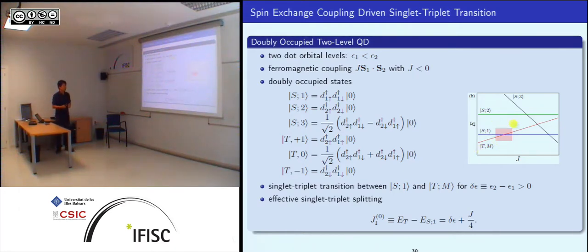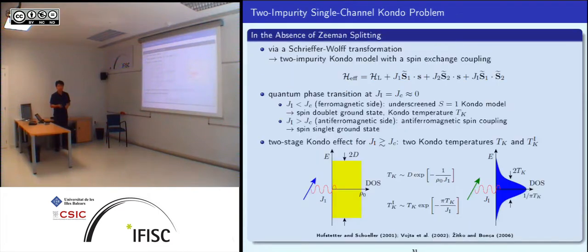So J is negative, and we consider this region, especially here, where we have the singlet-triplet transition. By tuning this exchange coupling, we can drive the system to the singlet-triplet transition. The splitting between the two states is given by this formula. So by tuning J, we can drive the transition between singlet and triplet.